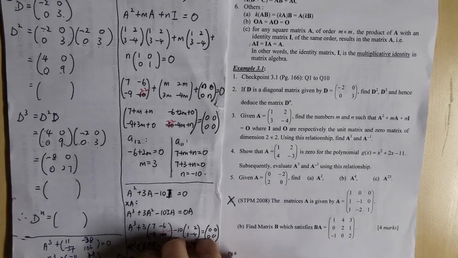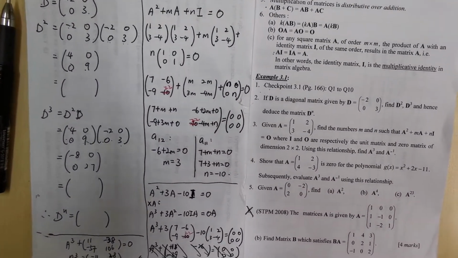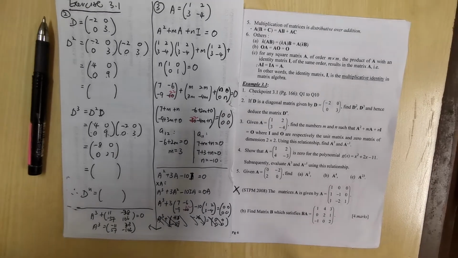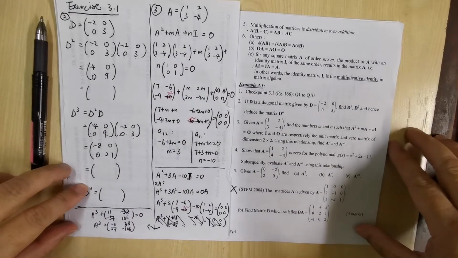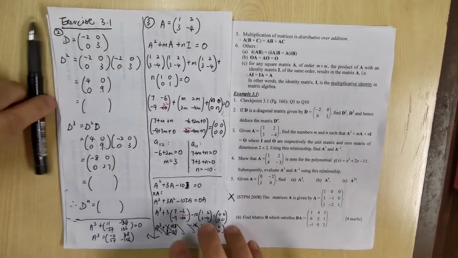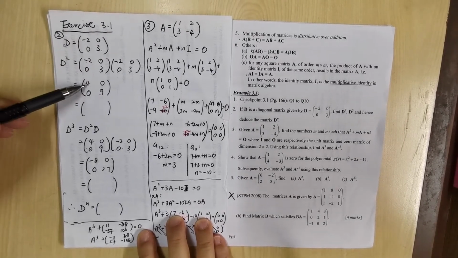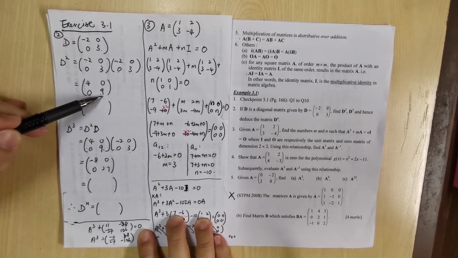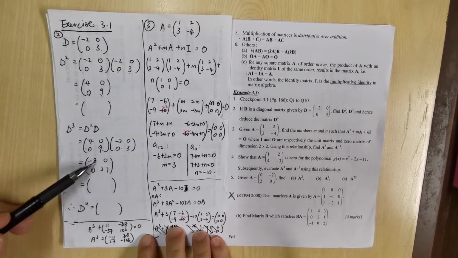All right. I give you 1 minute. You think of it first. All right. So you actually can see when it is square, this is 4 and 9. So it's actually 2 square and 3 square, right? When it is cube, it is 8 and 27.